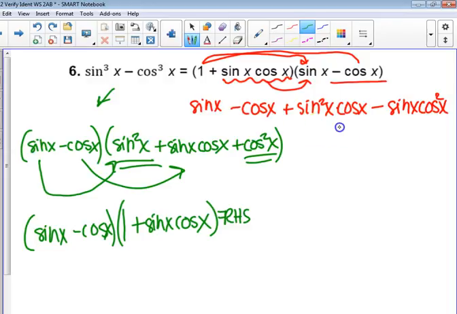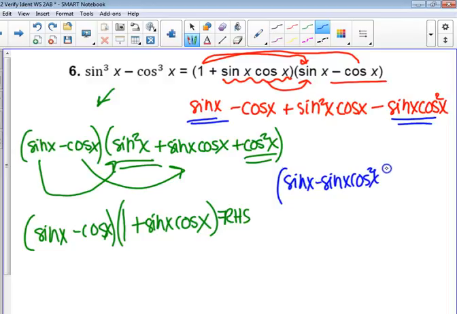Okay, back up. What I did was not as good as her way. But if you took these two and put them next to each other, sine x minus sine x cosine squared, plus, and you put those two next to each other, negative cosine x plus sine squared cosine.